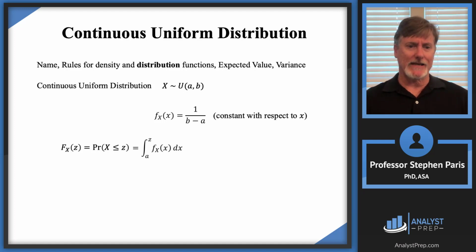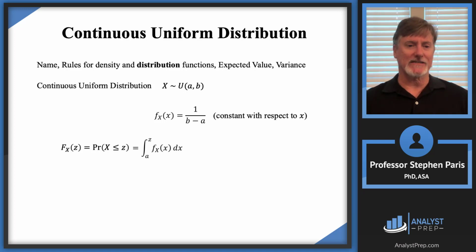Notice I'm using z in this case as the placeholder variable for the distribution function, because I'm using x as the variable that I'm integrating with respect to. It wouldn't be good notation to use x also as a limit of integration.